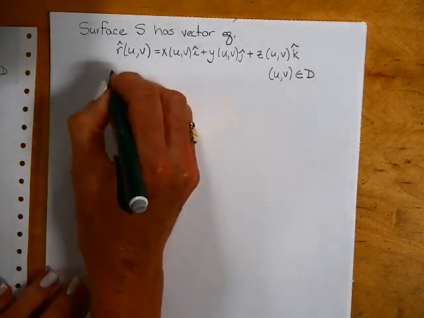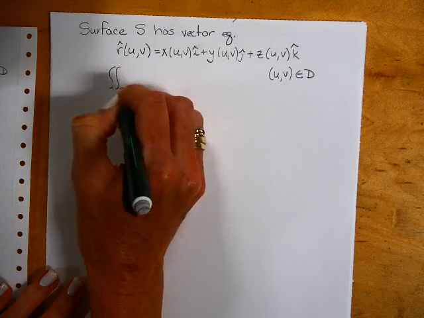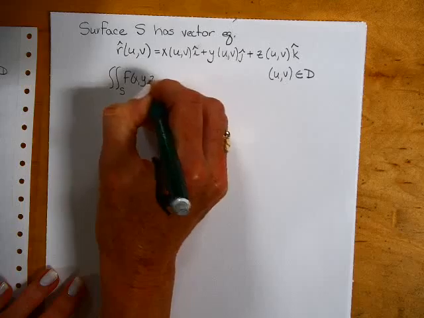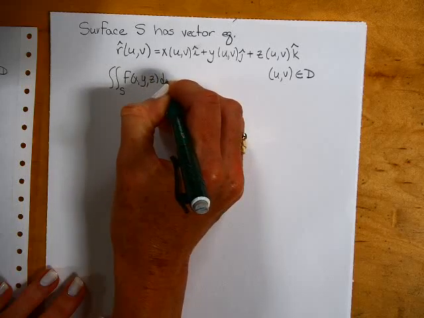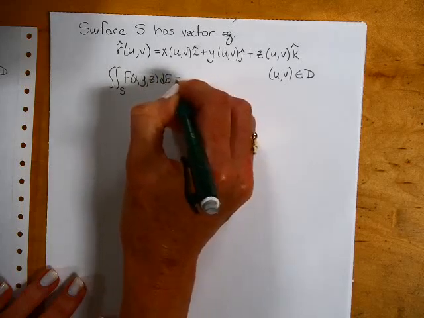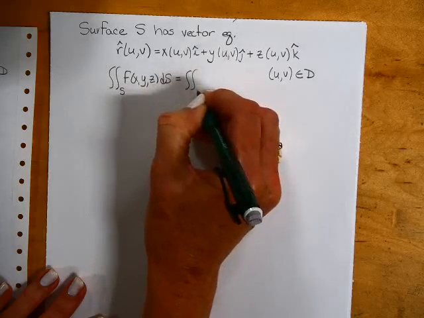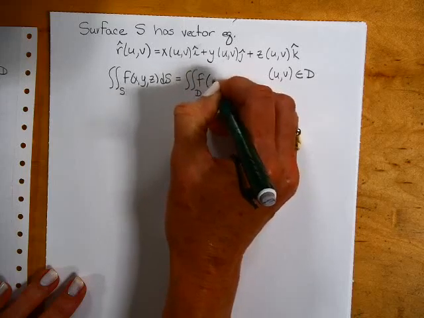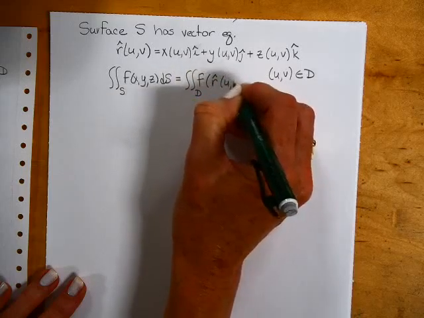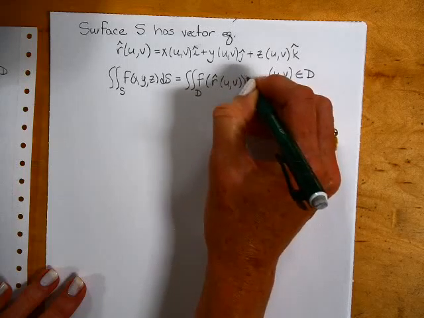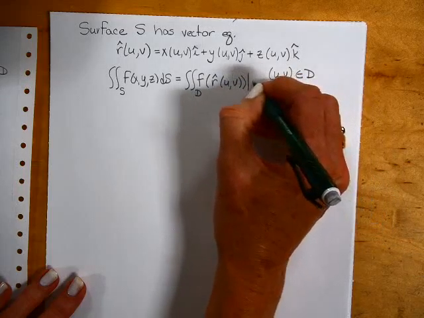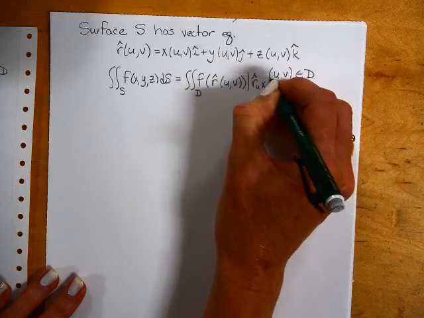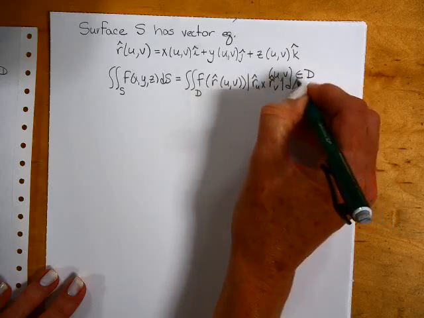If we want to integrate over the surface, the double integral over the surface of a function f of x, y, z dS is going to be converted to a double integral over the region D of f of r of u, v times the magnitude of r with respect to u crossed with r with respect to v, dA.